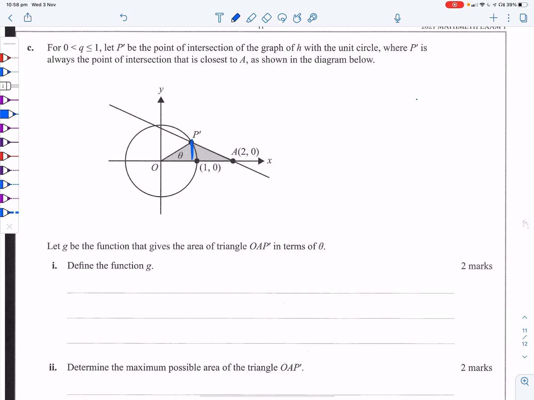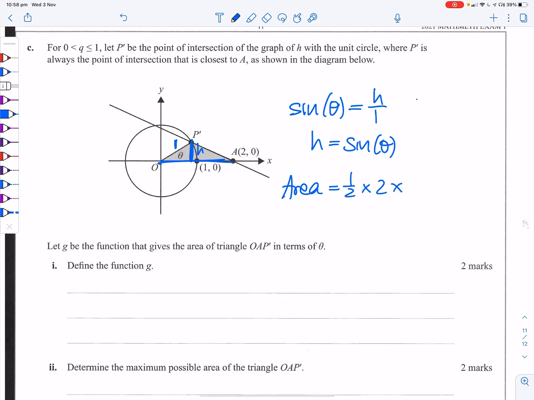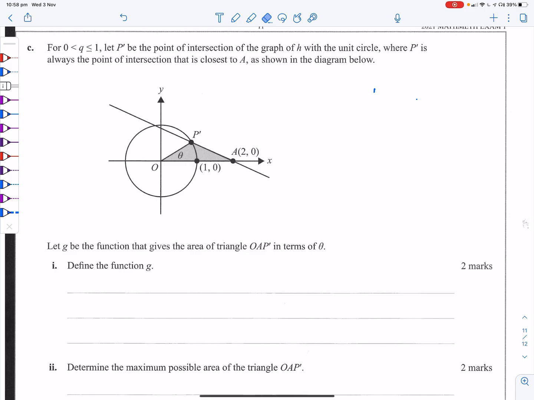Okay, is there another way that we can find that height? We know that's 1, so we can say sine of theta is h over 1. So h is equal to sine theta. And we know the base length is 2. So the area is a half times 2 times sine theta. So either way, we get exactly the same answer.